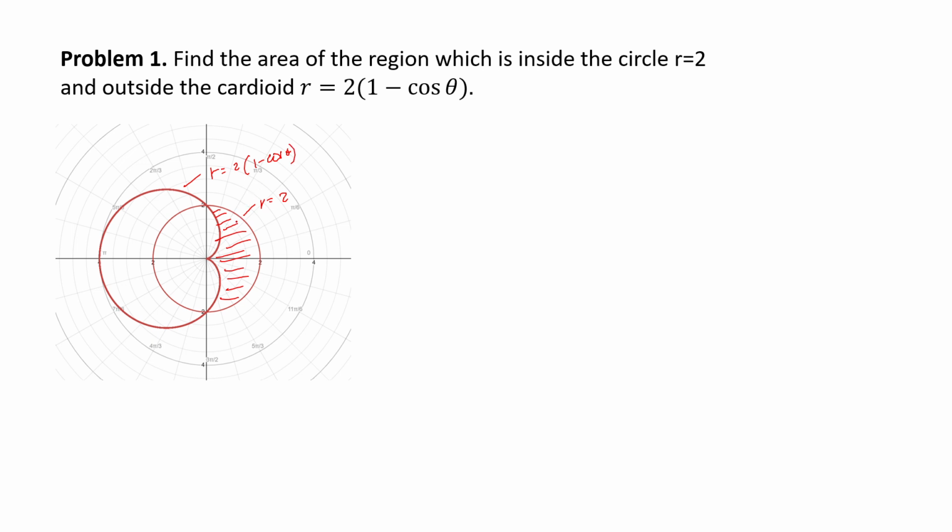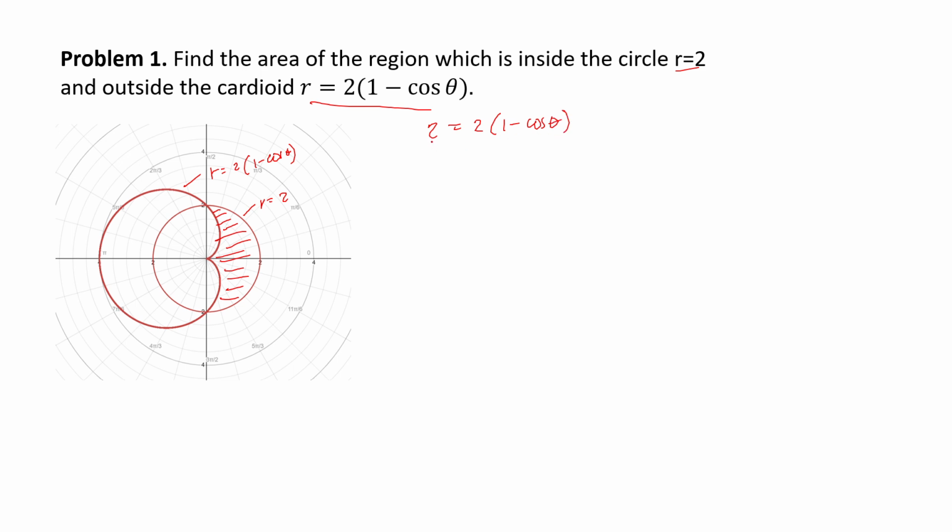First thing that we're going to do is find the intersection. In order to get the intersection, we do simultaneous equating of the two equations. r is equal to 2 and r is equal to 1 minus cosine theta.